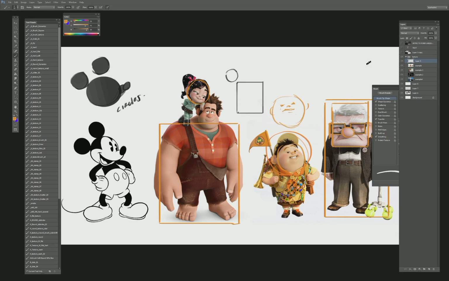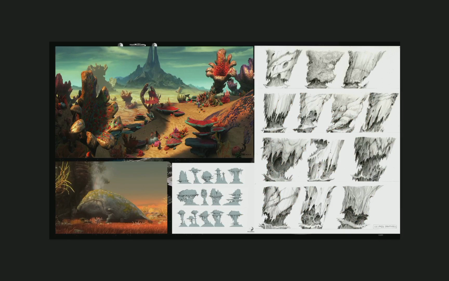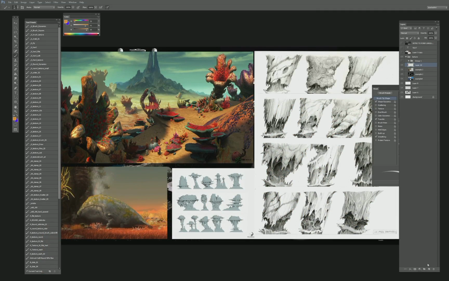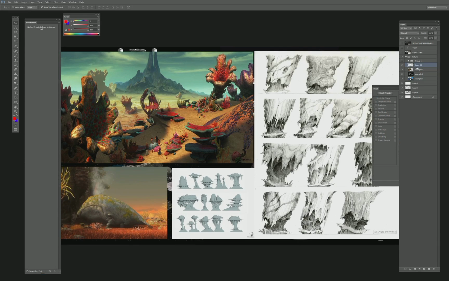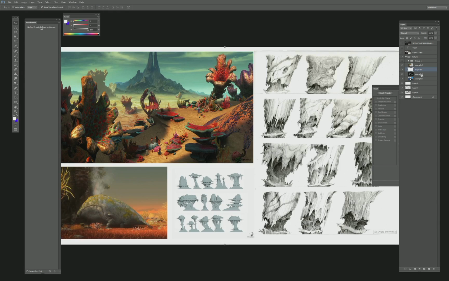Let's look at some other examples here, guys. This was one of the films that DreamWorks produced. Actually, one of my favorite films visually. This is called Croods, and it's about a family who's kind of like a caveman type family, and they have a lot of family dynamics that they learn along this journey.